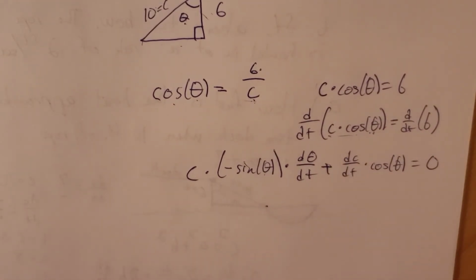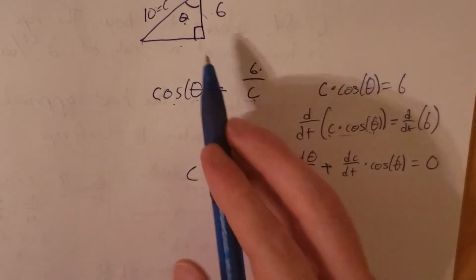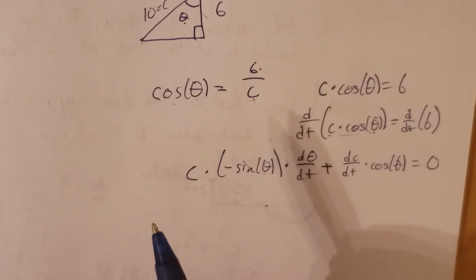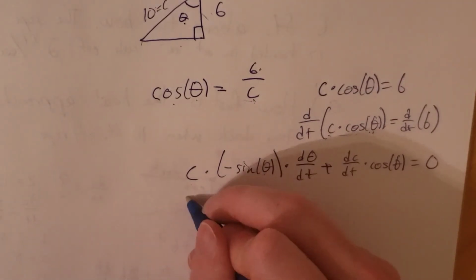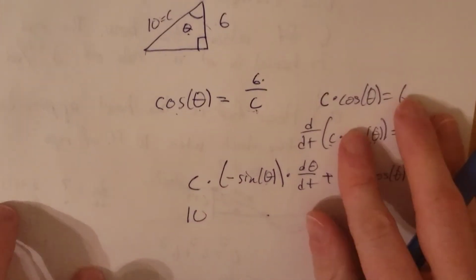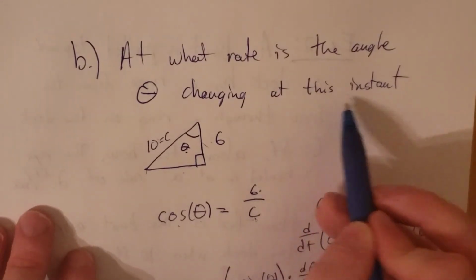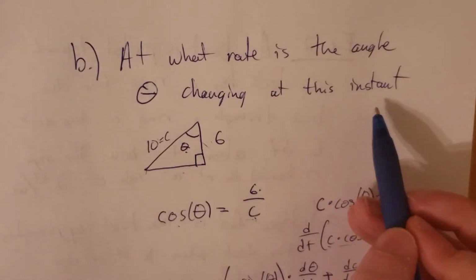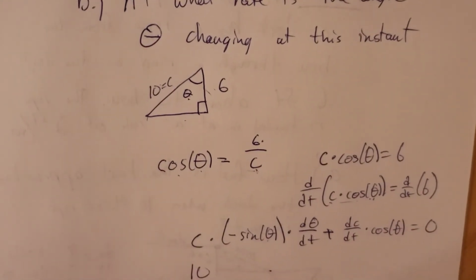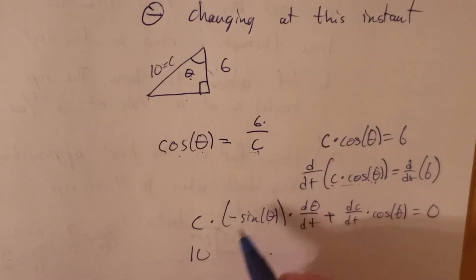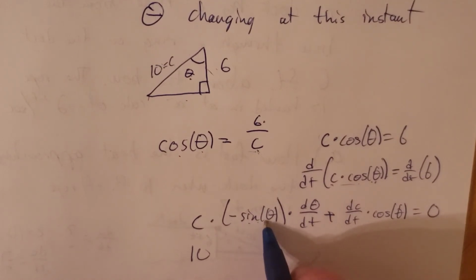All right, now we need to plug everything in. We were told that we're finding this change in the angle when c was 10, because it says at this instant, and that is referring to our earlier scenario when c was 10. Now the question is, what is sine of theta?